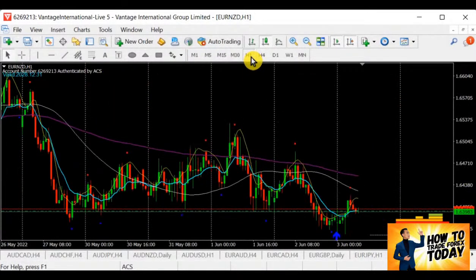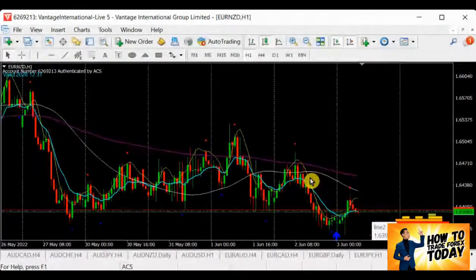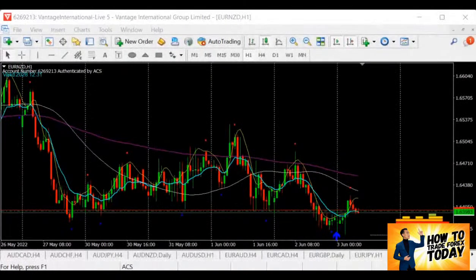So in this case, is it good to put Euro Kiwi into the watch list? I would say yes. However, please make sure that it is staying below the previous support level, which is now the resistance. Let it retest first, then after that we start trading for that. So Euro Kiwi is something that we should be taking a look at.